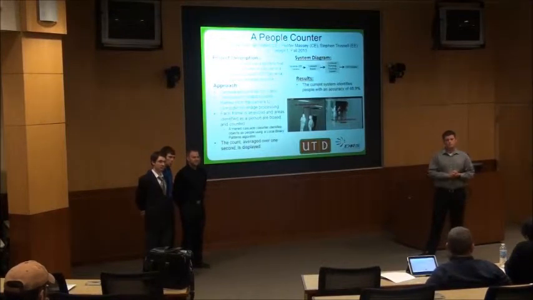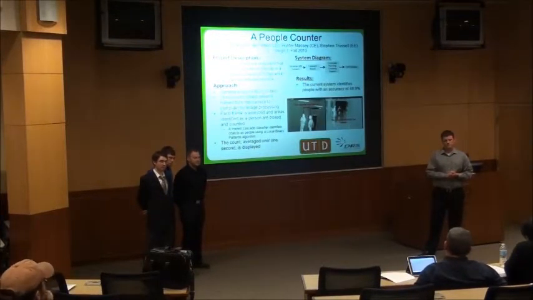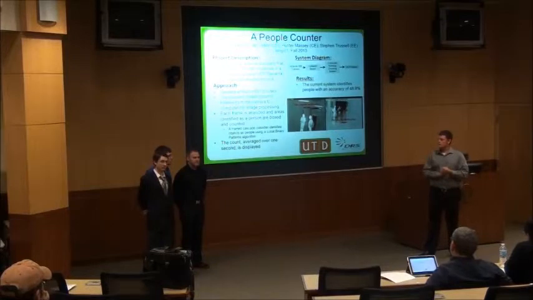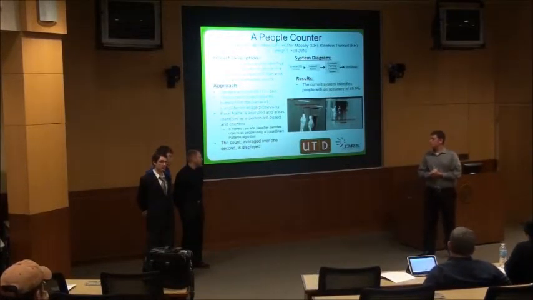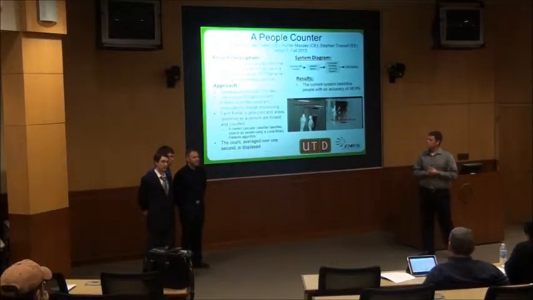You obviously have this working now. What next? What else do you need to do? For next semester, we will be working on having it keep track of how many people have walked through a specific area, as opposed to just counting the number of people who are in the area at the time, and also keep track of the direction of traffic.